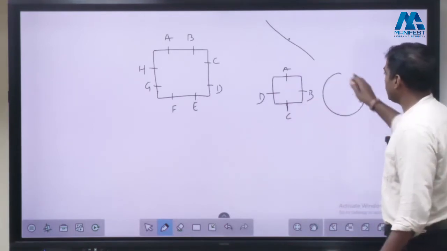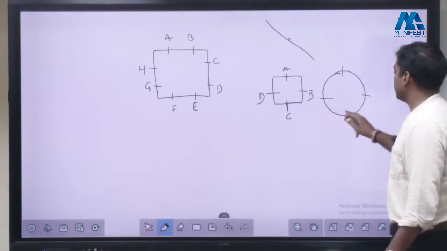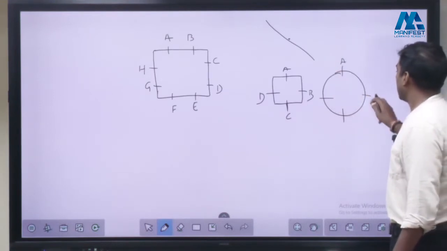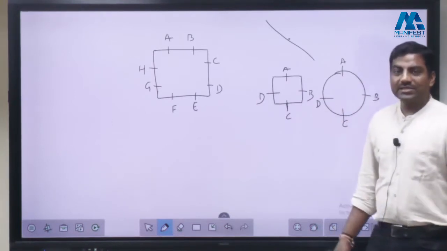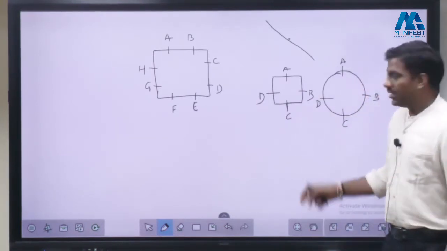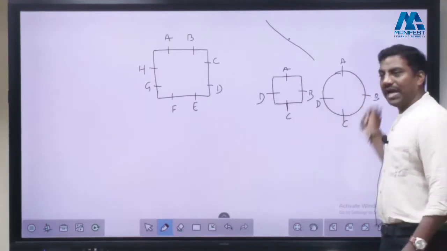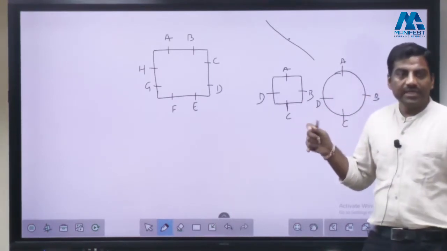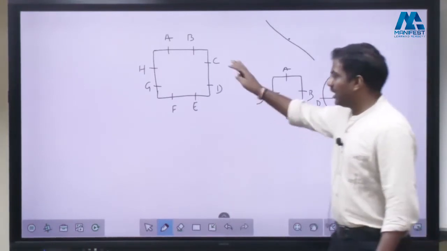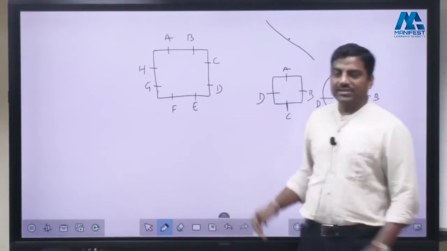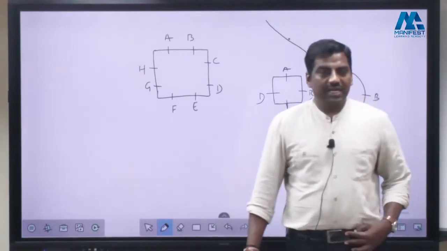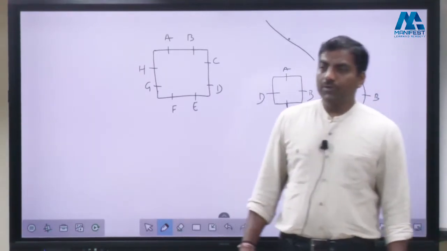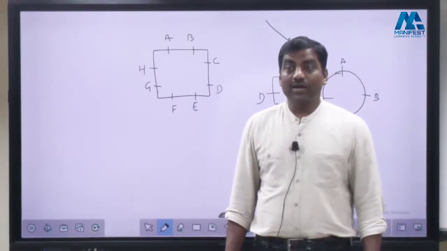Similarly, the circular arrangement, A, B, C, D. Again, it doesn't make much difference whether you are rotating the table anti-clockwise or clockwise. But now tell me, in this case there are 8 persons. Are all their positions sacrosanct?